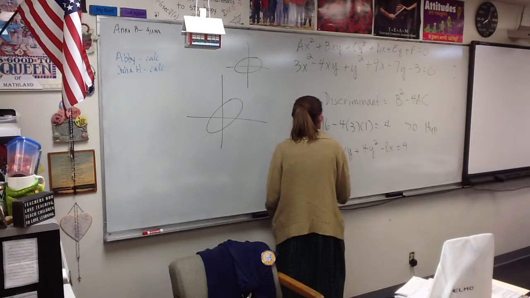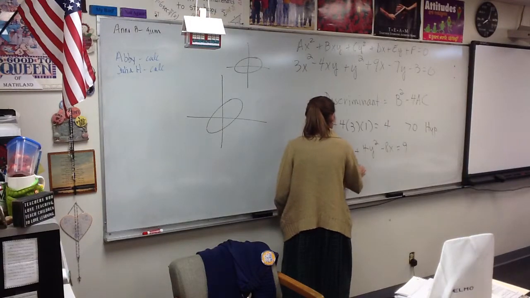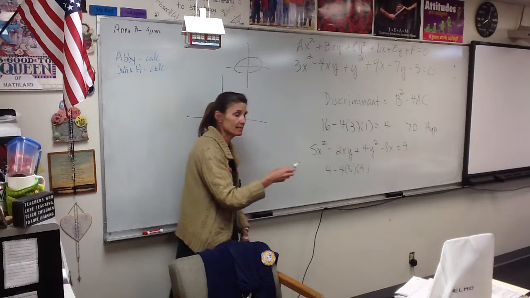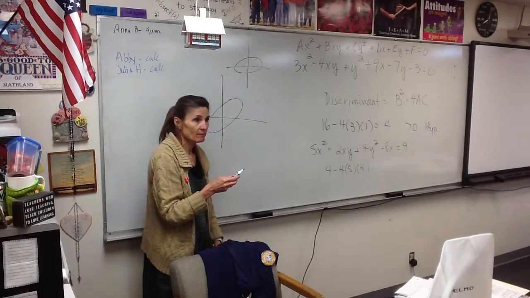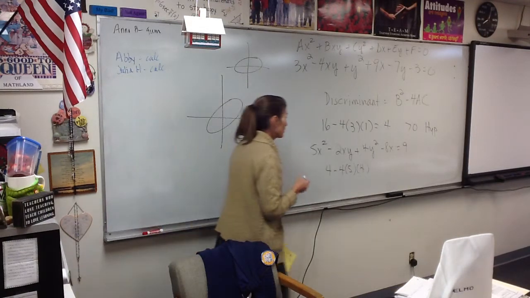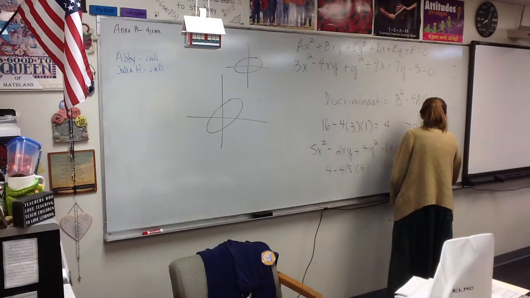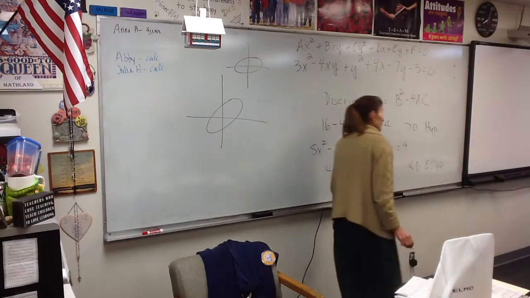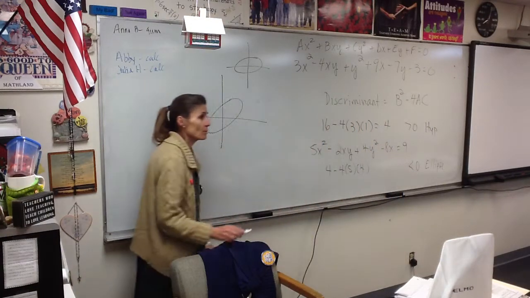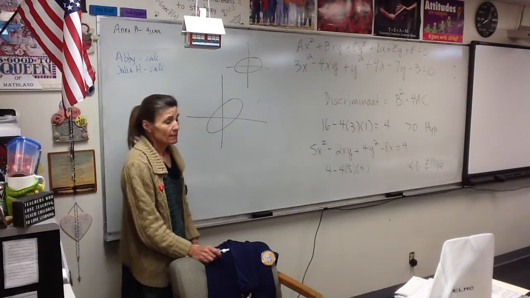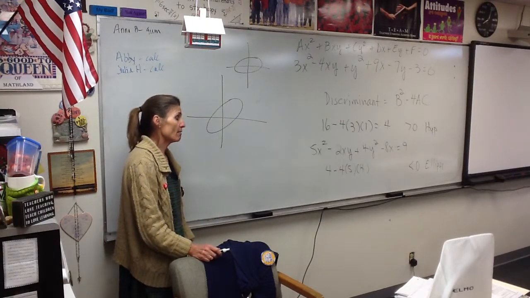B squared minus 4AC. Well, I don't even care really what that is. Can you see it's going to be negative? And when the discriminant turns out negative, you have an ellipse. So if the discriminant is a positive number, you have a hyperbola. If it's a negative number, you have an ellipse.